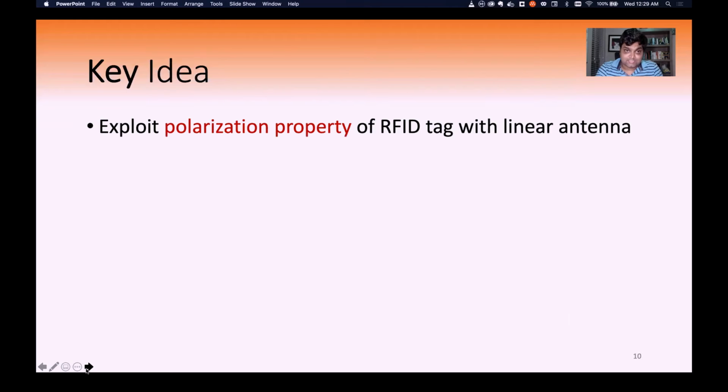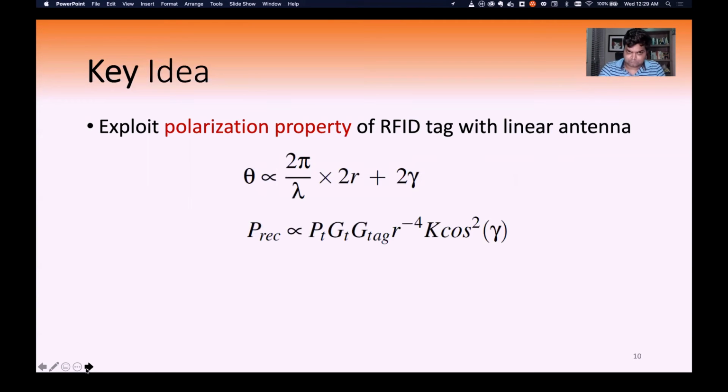As I said, our key idea is to exploit the polarization property of the RFID tag with a linearly polarized antenna. The tag is also linearly polarized, so it can be read in a certain planar electromagnetic field, and we can estimate the location of the tag by exploiting that.